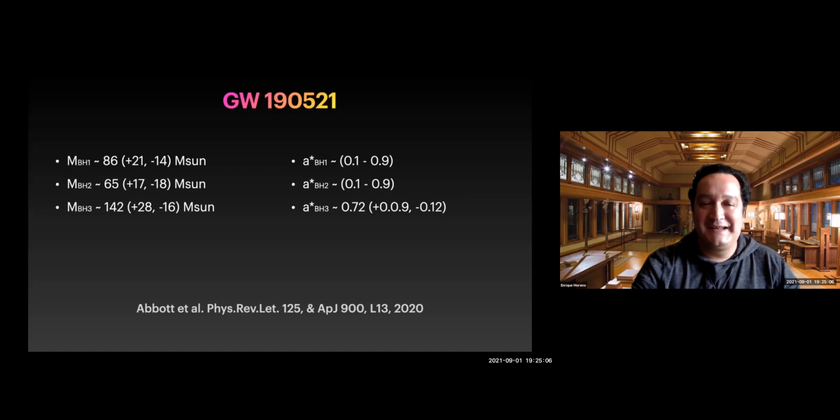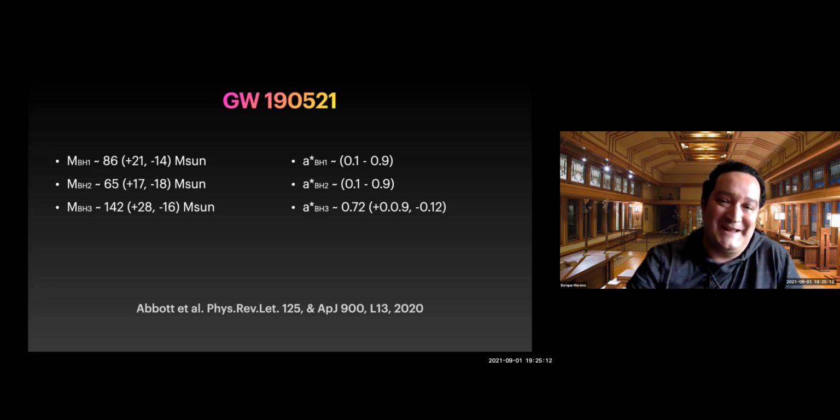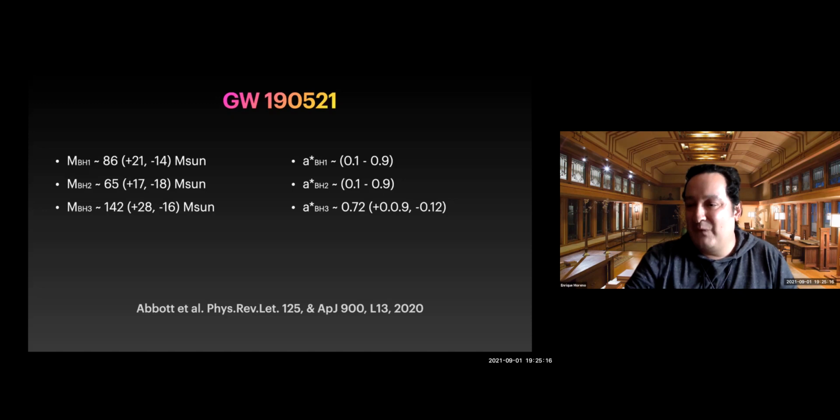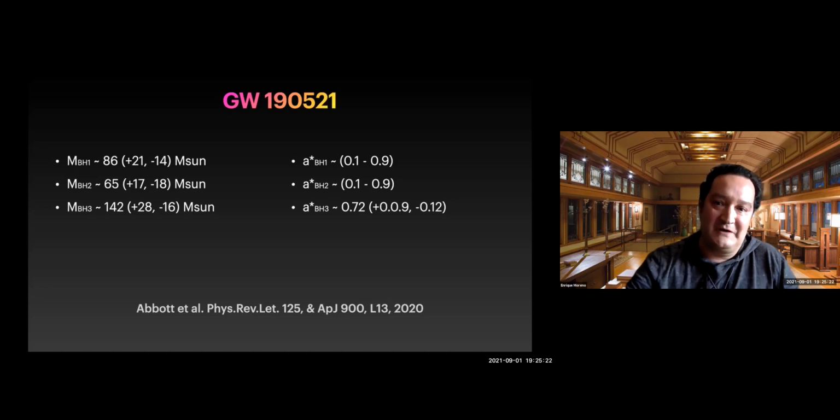One with around 86, the other one with 65 solar masses, which merge, they form a 142 solar mass black hole in the end. So basically what I'm going to try is to show you a model where we can produce this out of 50 solar masses or less, or actually 45 and 40 solar masses for the particular model I'll be showing.